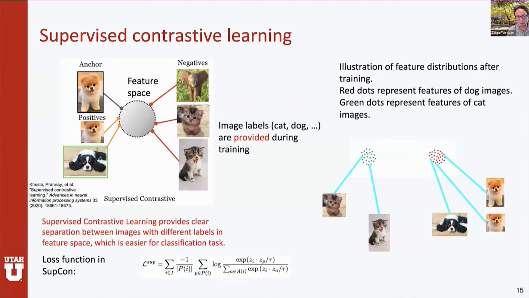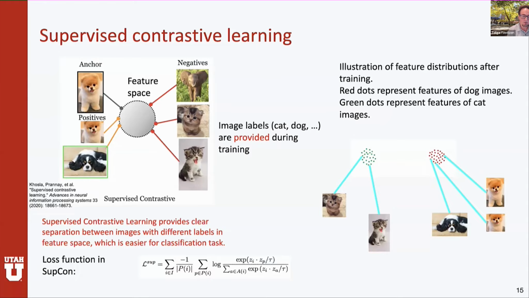Now, a second kind of contrastive learning is supervised contrastive learning, less commonly used because clearly it requires labels and it does not serve well as a pre-training task in many scenarios. But here, what we could do is also leverage the labels of the images to enlarge the set of positive pairs. So not only will I take the same dog and create views of it and call them positive pairs, but I can also sample images of other dogs and call them positives with this first dog, right?